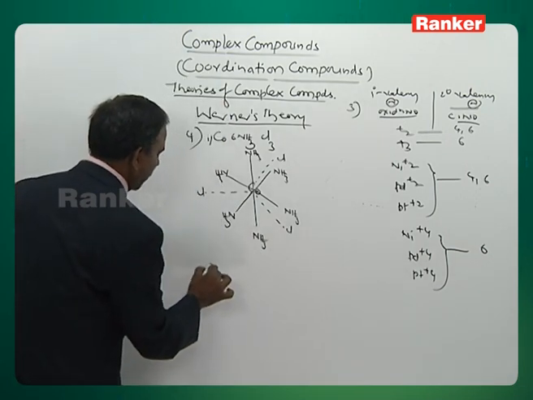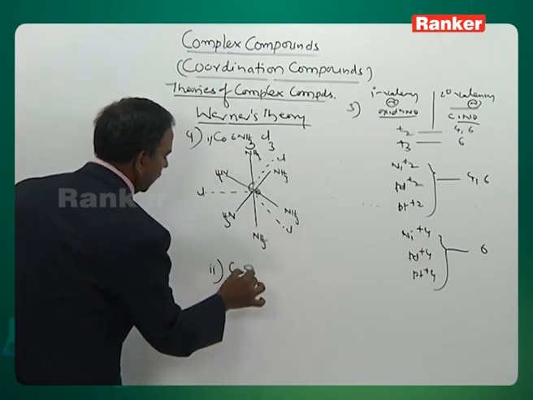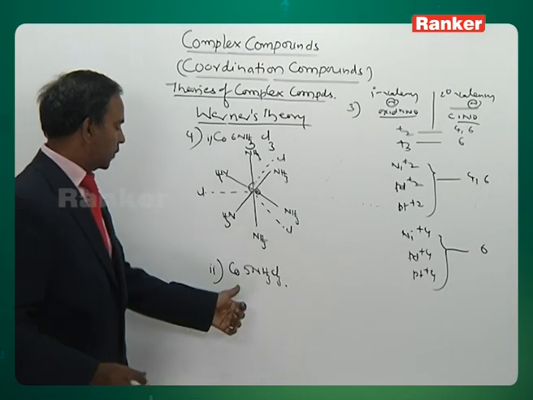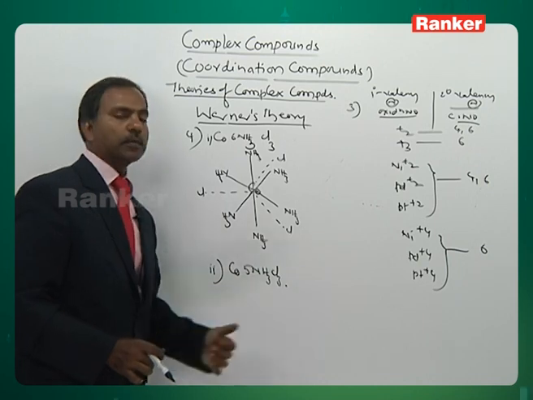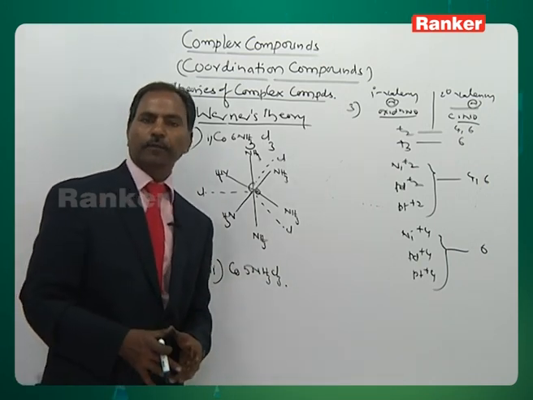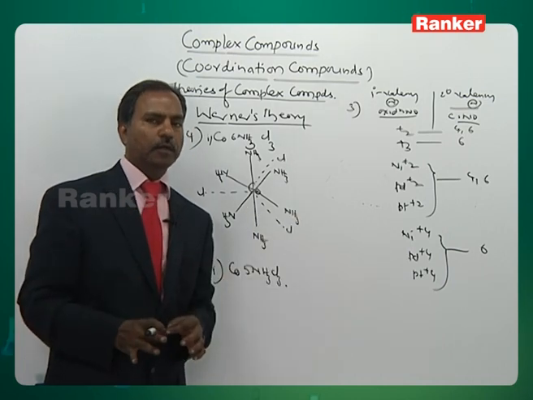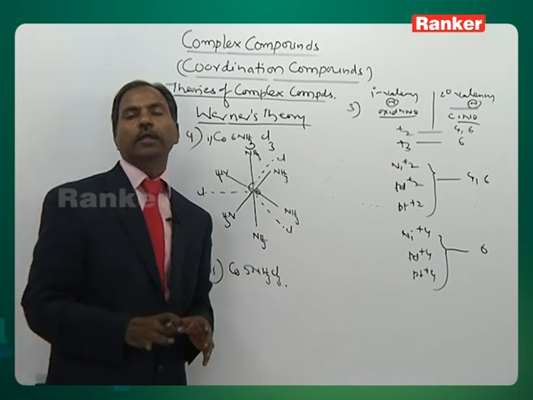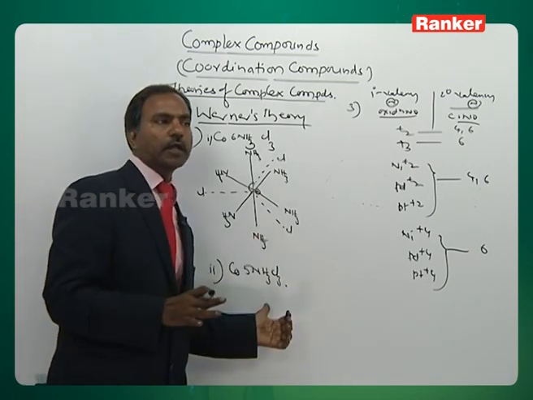First complex. Next, let me write another complex, the second complex, on the board. See, second complex, CoNH3 5 Cl3. In this, the cobalt oxidation number is the same, plus 3 only. Primary valence is 3, but secondary valence should be 6. But how many amines are there? Only 5 amines, but you require a 6th. 6 ligands, you require 6 coordination number.